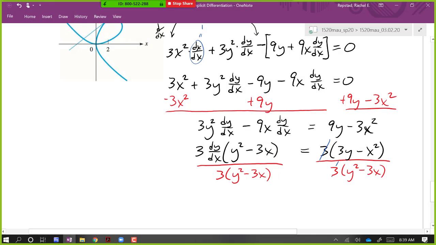So the factors of 3 cancel, and then we get 3y minus x squared over y squared minus 3x.